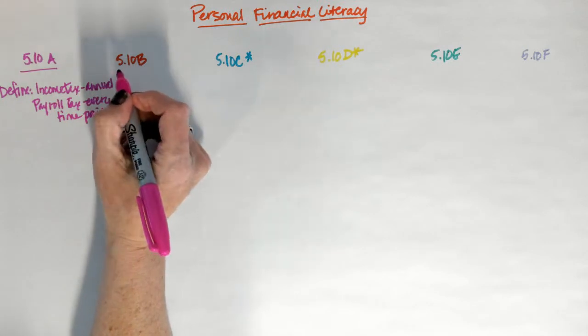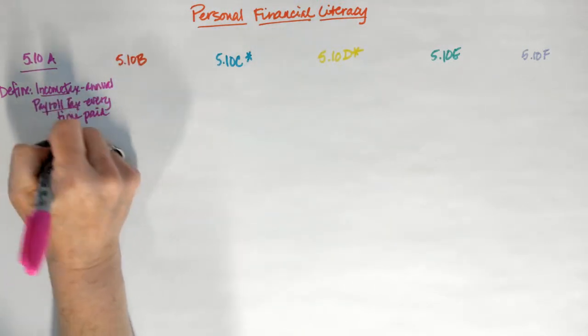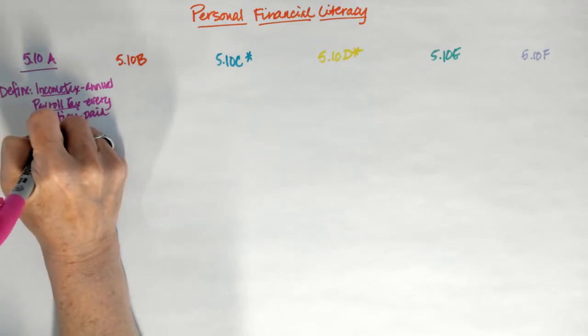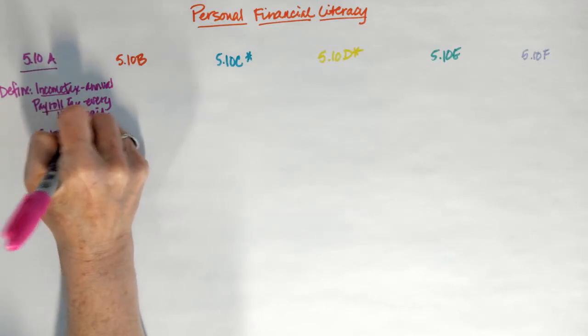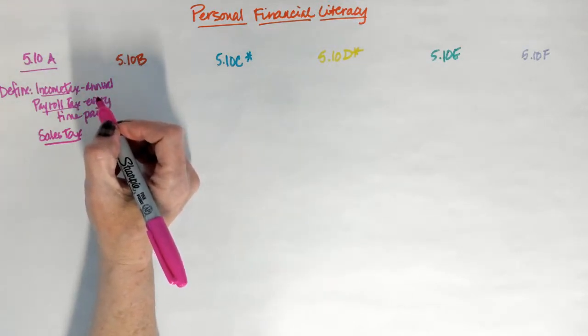And then the second 2 things kids need to learn about in this unit, or be able to define, is sales tax, which is what we pay every time we go buy goods.